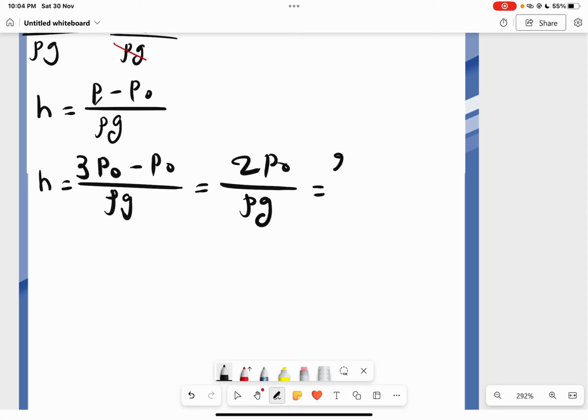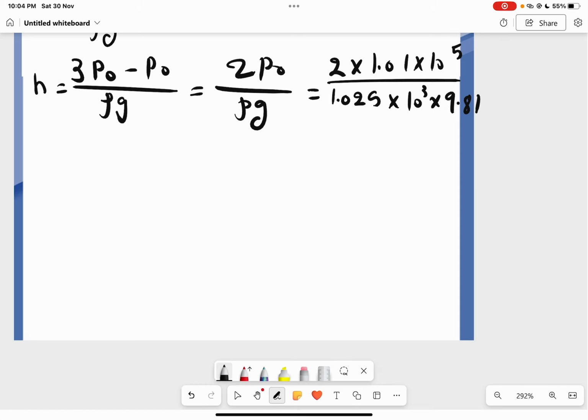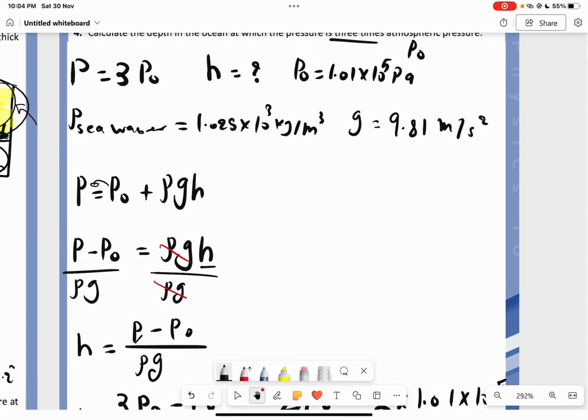Then you have 2 times atmospheric pressure, 1.01 times 10 to the power of 5, all divided by the density of seawater, 1.025 times 10 to the power of 3, times gravity, 9.81. Calculate all of this and you will get 20.1 meter. This is the depth of the ocean.